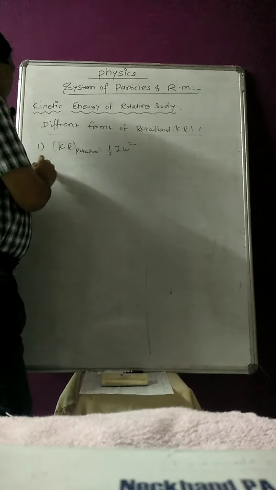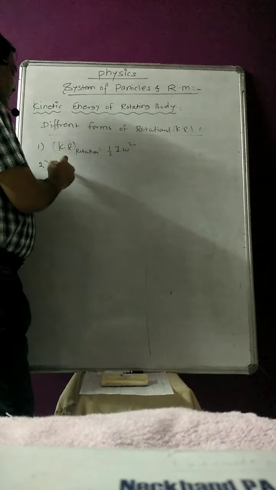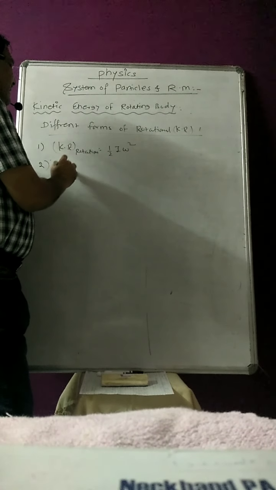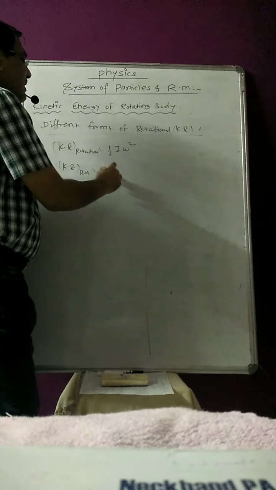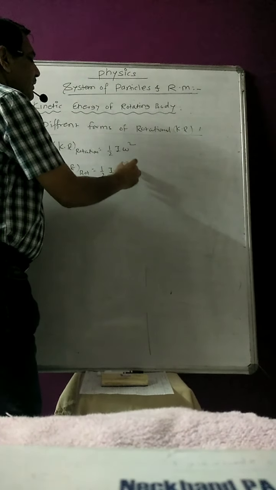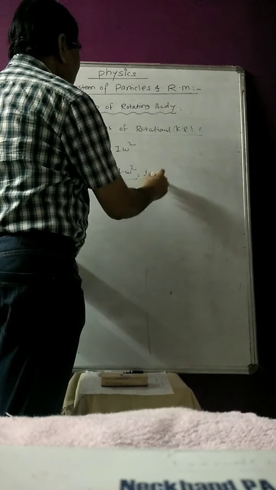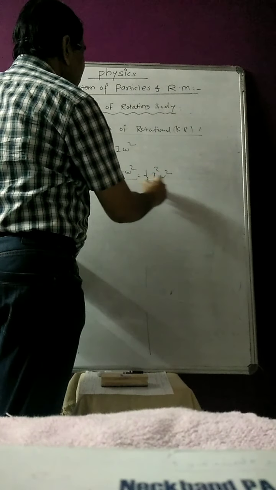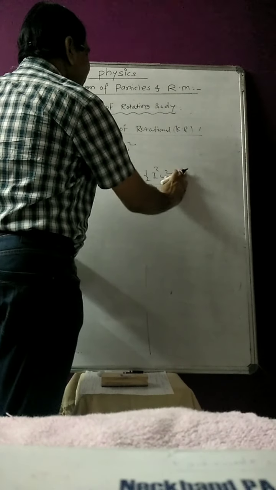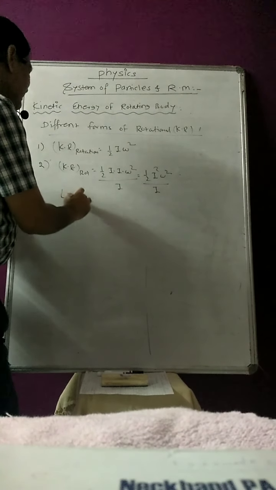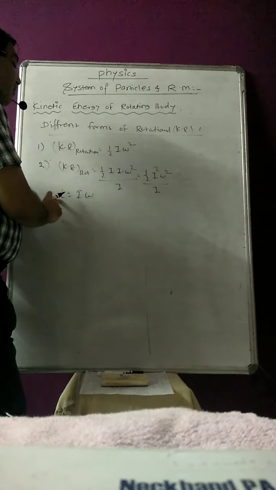Now the second form, kinetic energy in terms of angular momentum. Kinetic energy of rotation can be written as half I square omega square upon I. Here I omega is L, that is, L is equal to I into omega, the angular momentum.